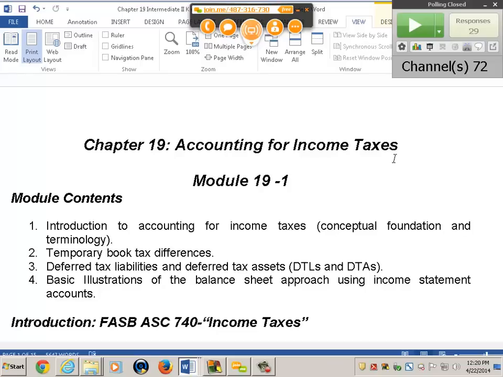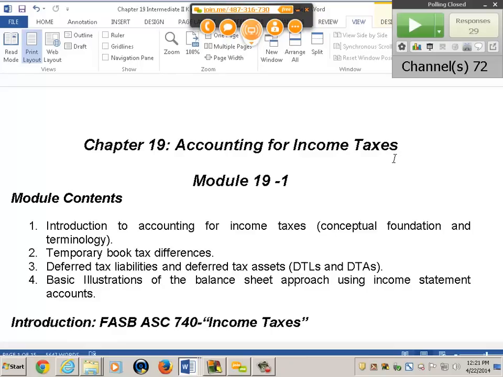But that's the way we're supposed to think about deferred taxes. In other words, I'll give you a perfect example. You can't deduct bad debt expense for taxes until the account is actually uncollectible. So would your receivables be higher for tax purposes or lower? Higher because you don't have a bad debt against it. So we look at the balance sheet approach as well. But for now, I want to start with the income statement model.